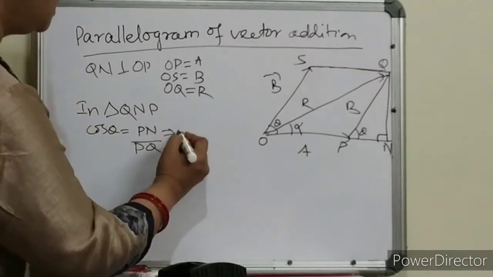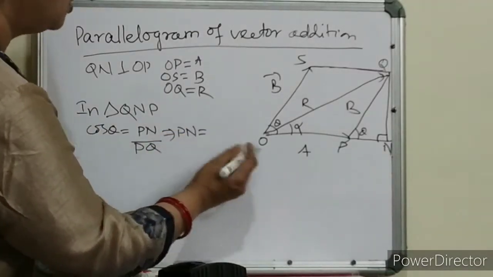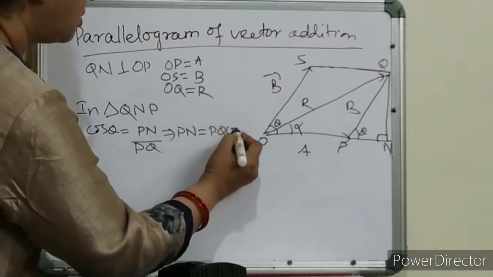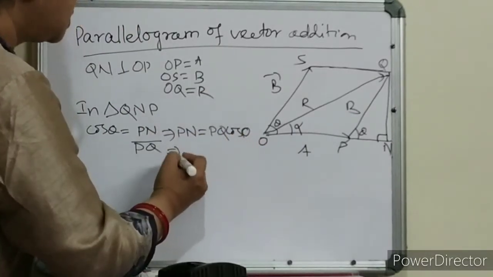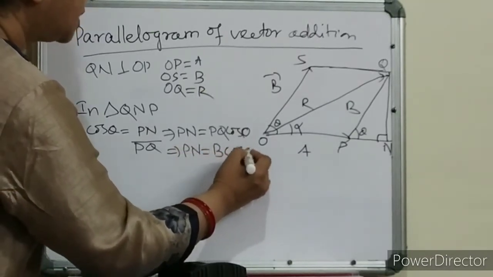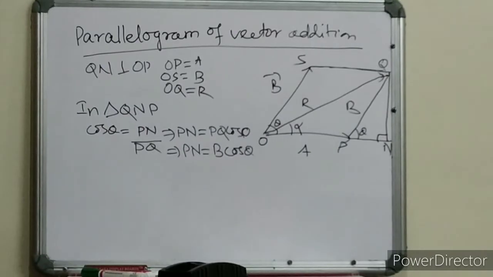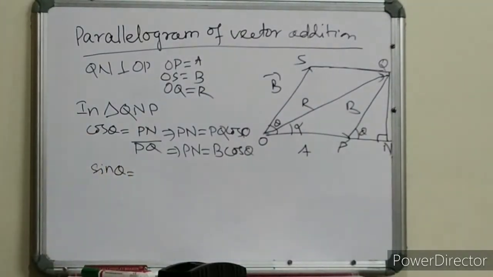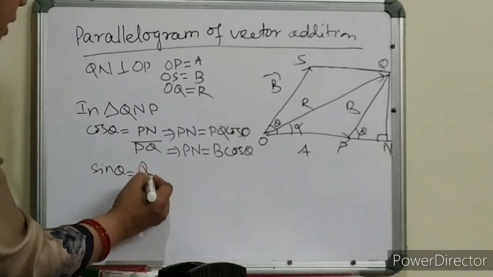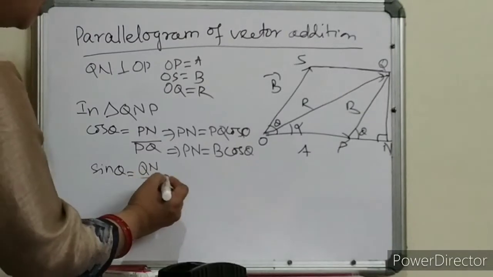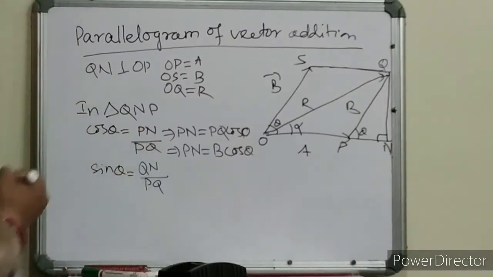So what is PN? PN is equal to PQ cos theta, that means PN is equal to B cos theta. What is sin theta, children? Sin theta will be QN divided by PQ.